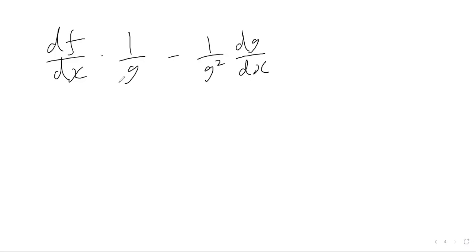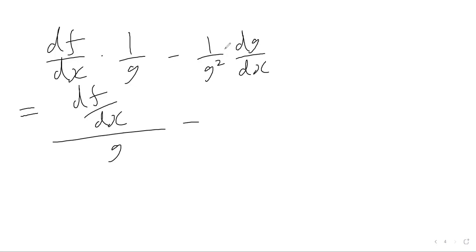Now we want to try and simplify this, so I'm going to rewrite it a little bit differently. I'm going to put this df by dx on top of a fraction with the g on the bottom, and do a similar thing here: put dg by dx on top, and then put this g squared on the bottom.